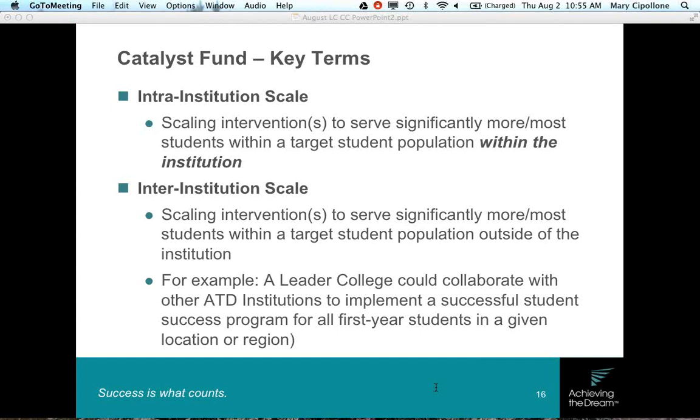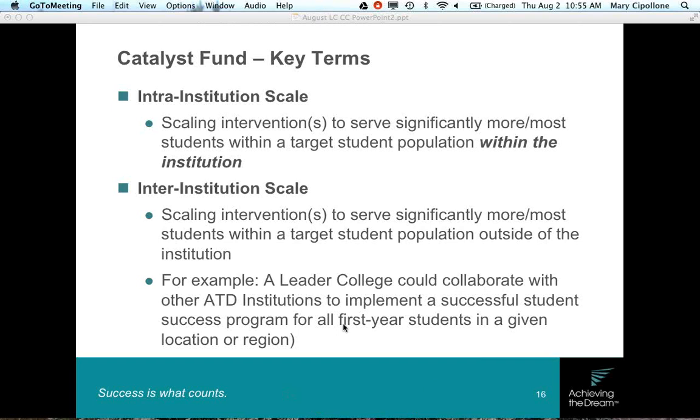However, if a college is proposing to scale an intervention beyond its institution that has not already brought this intervention to scale within its own institution, it should be sure to provide good reasons for why it's not focusing on scaling the intervention within just its own institution.